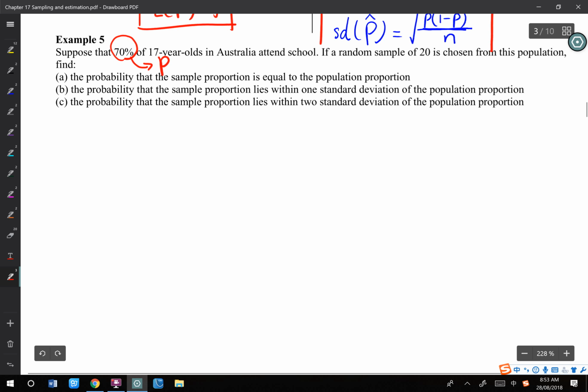In a random sample of 20, what's 20? n. And you don't know the total population. You are not given the total population here. You don't know how many people there are. So chosen from this population, the probability that the sample proportion, when you see the word sample proportion, that is the p hat, is equal to the population proportion.